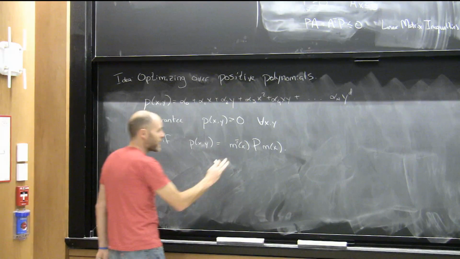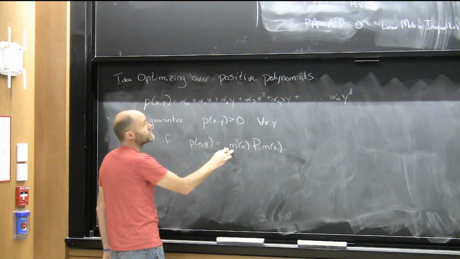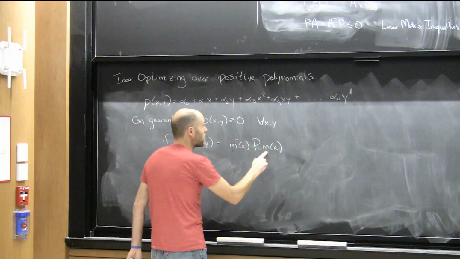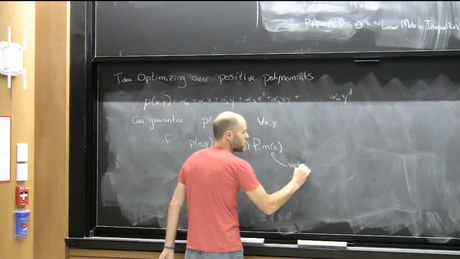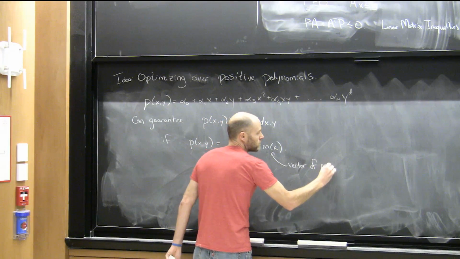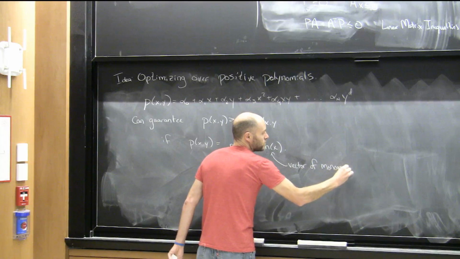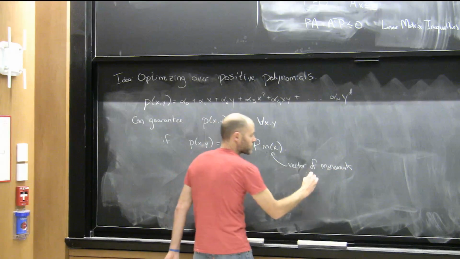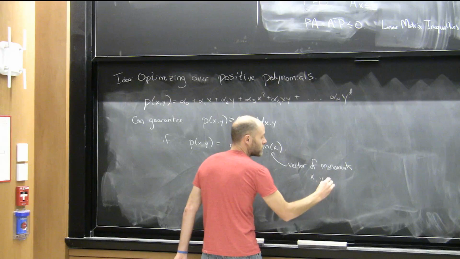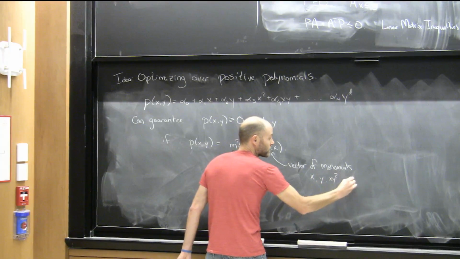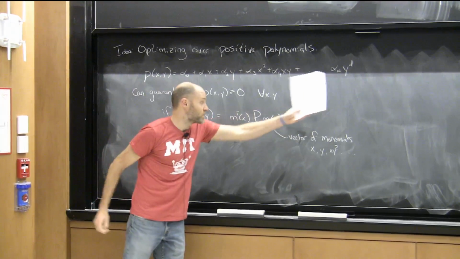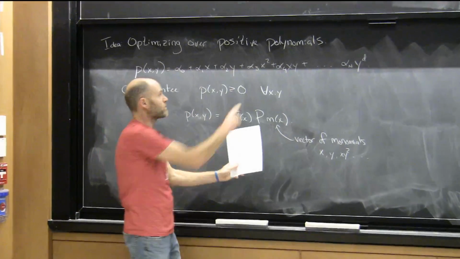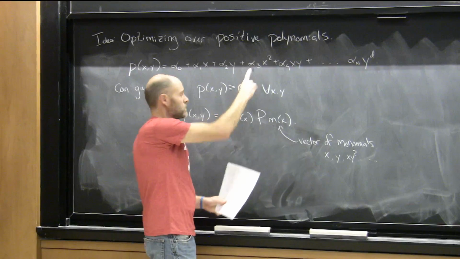Now let's think about what happens here. I called it m instead of phi because m in the polynomial case is just a vector of monomials. So no sums, just x, y, x y squared, stuff like that. Just one of each of these terms. P represents the coefficients.